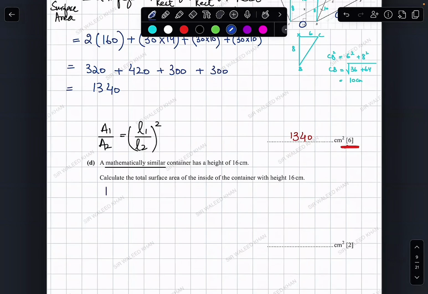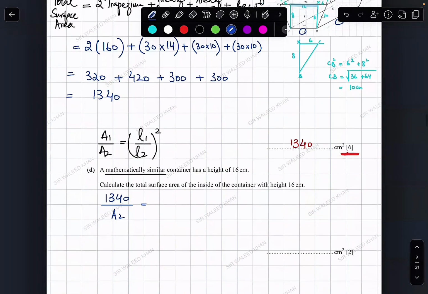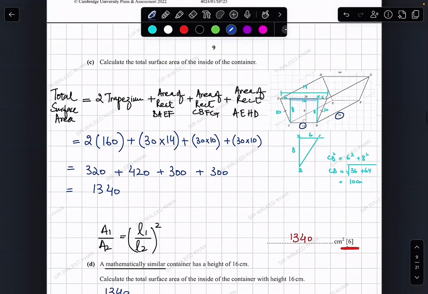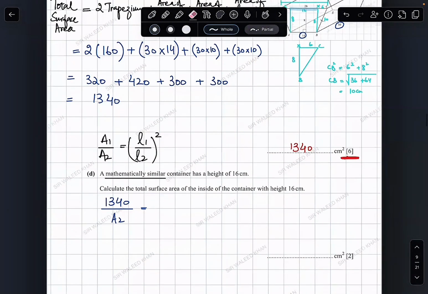So 1340 over A2 equals L1, the height of the first one, which was 8, over the second one, which they are saying is 16, whole square.